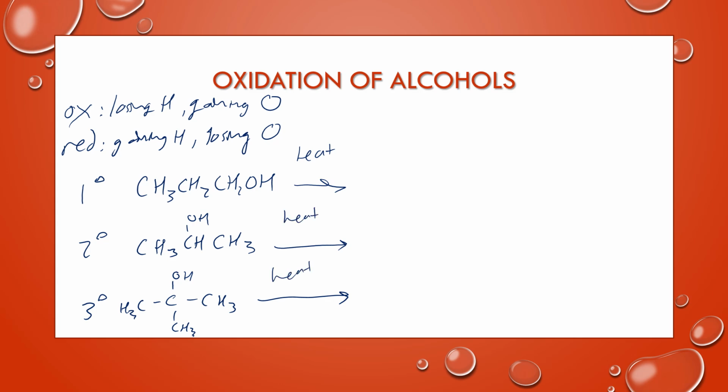And then the oxidizing agent that we're going to use is typically going to be something called acidified potassium dichromate. So I'm going to abbreviate acid and the K2Cr2O7. But you'll typically see it written out as acidified potassium dichromate.